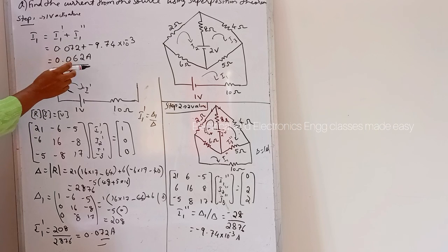So this is the current from the source. So I1 is equal to 0.062 ampere. So this is the superposition theorem.